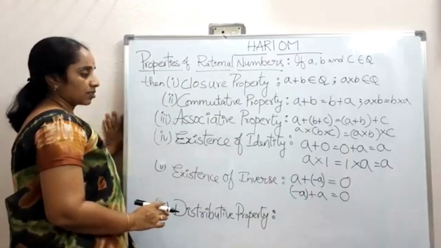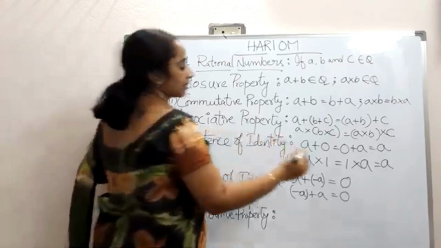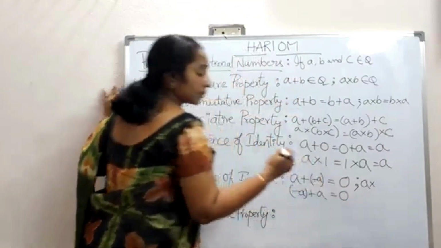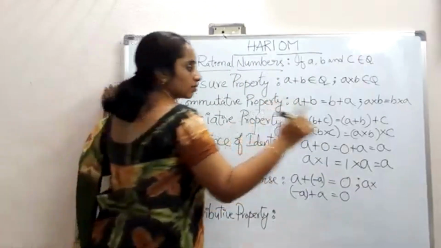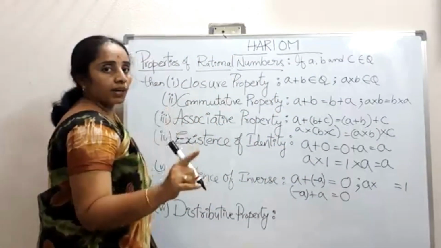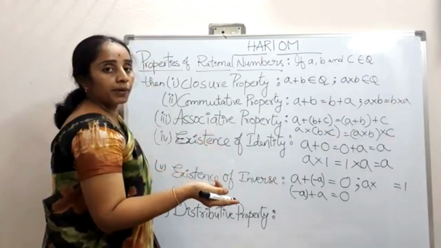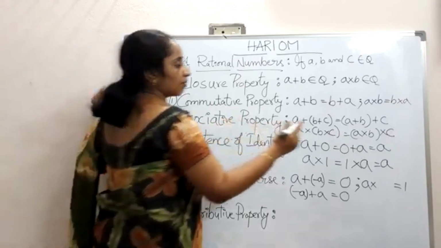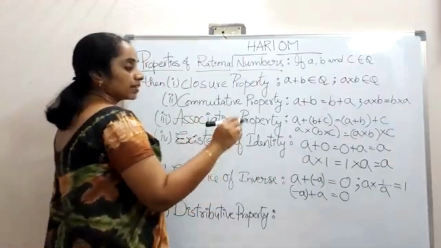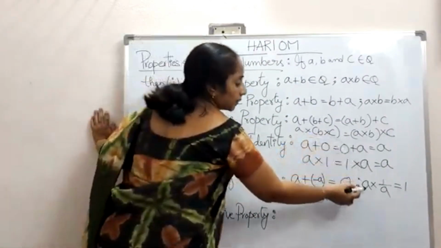Now coming to the next, the inverse under multiplication, that is a into, what is the multiplicative identity? It is 1. Here we want to get the result 1. To get the result 1, by which number do we have to multiply a? It is 1 by a. So we call 1 by a the multiplicative inverse of a.